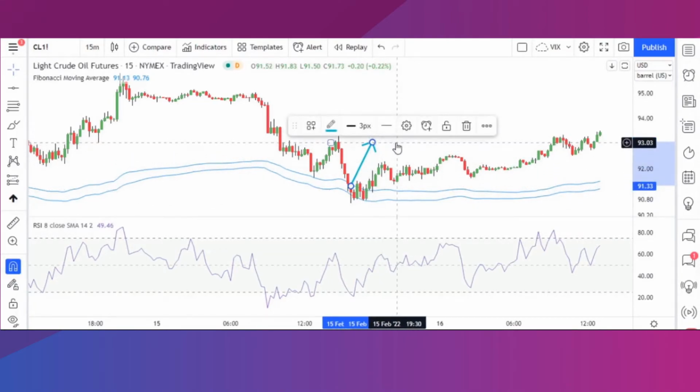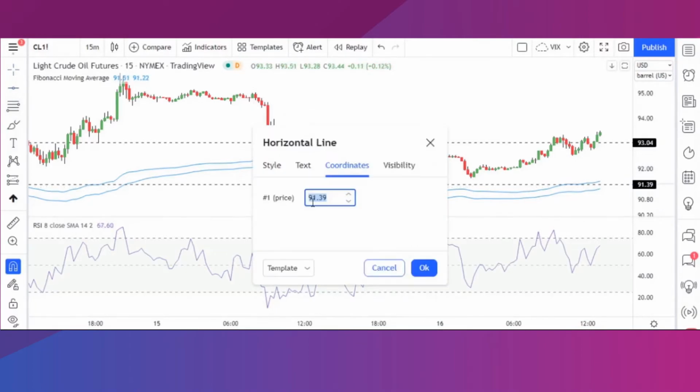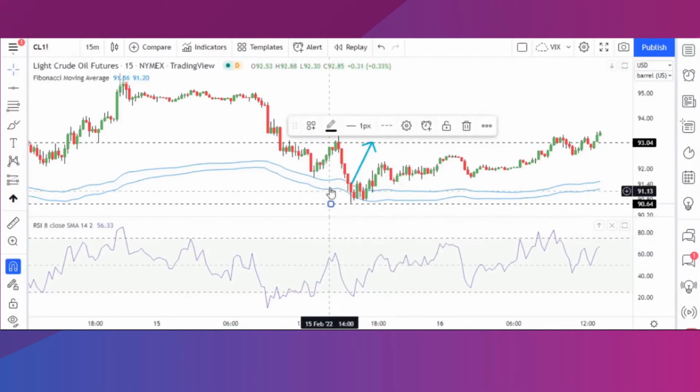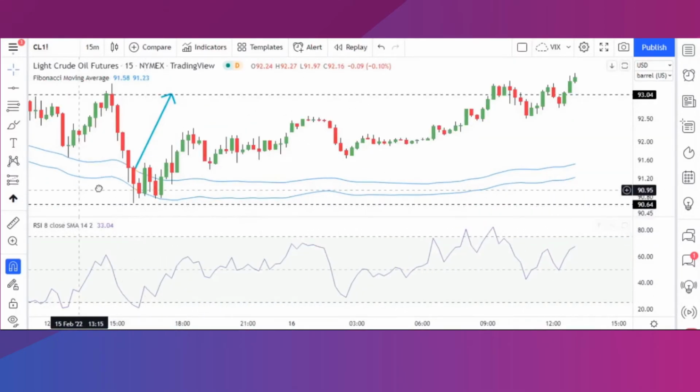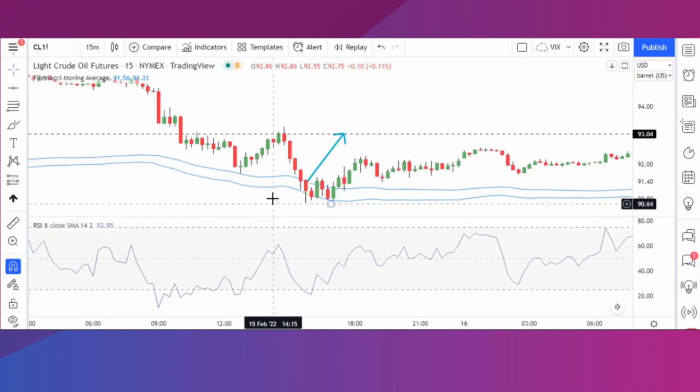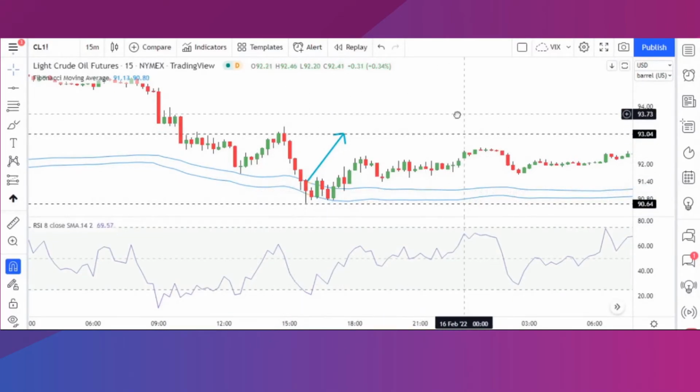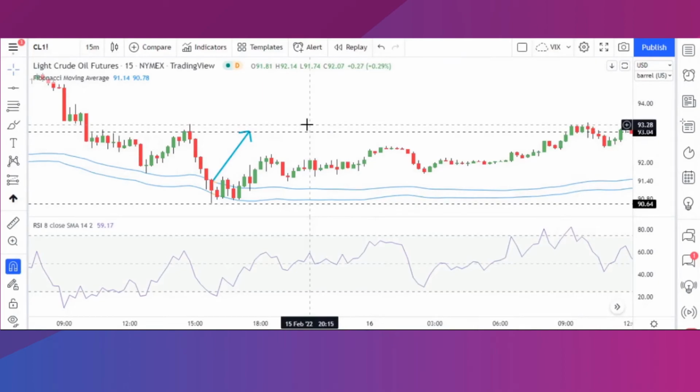So this will be our target. However, for the stop, it will be 90.64 as per the formula we have just discussed. So by entering here, we have managed to get away with a few inches out of the stop, and then finally we were lucky enough to hit the target before hitting the stop.